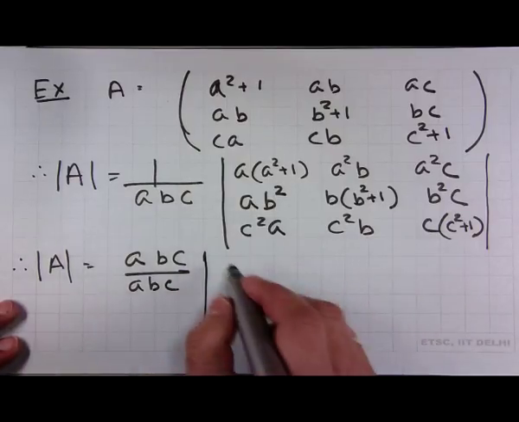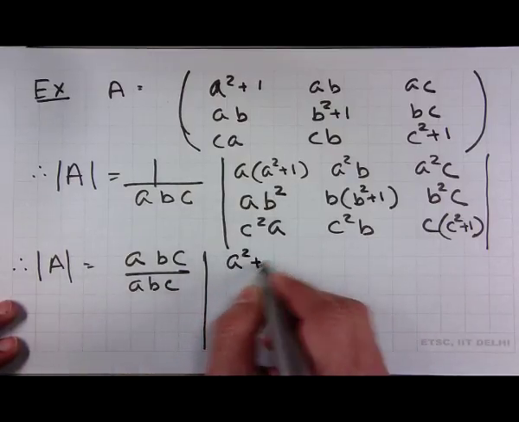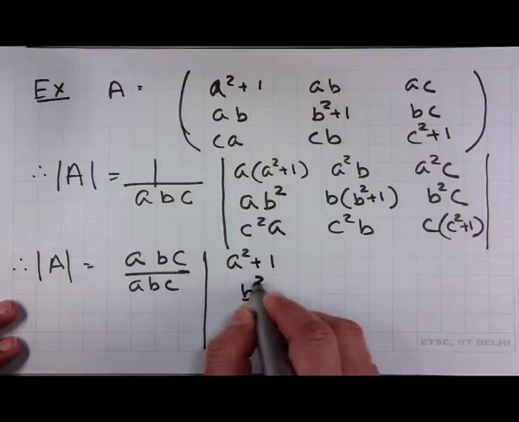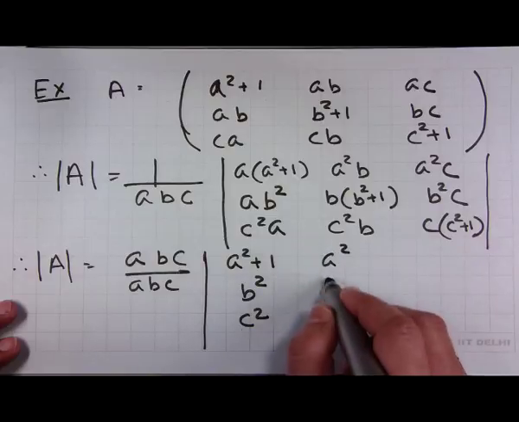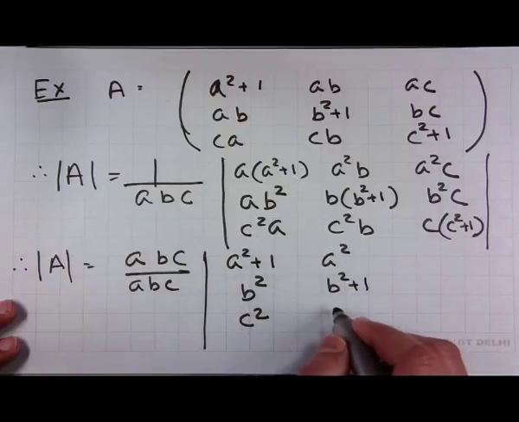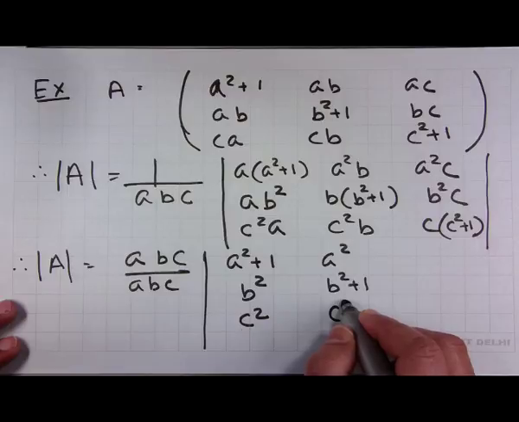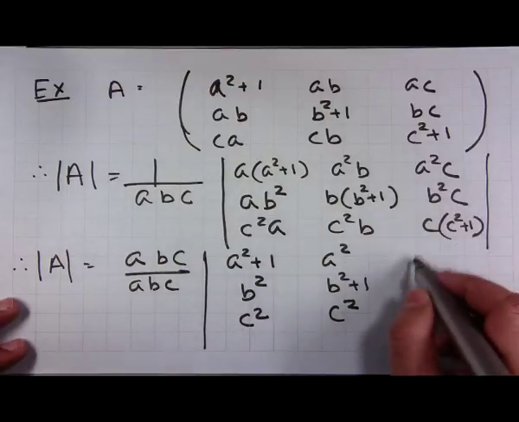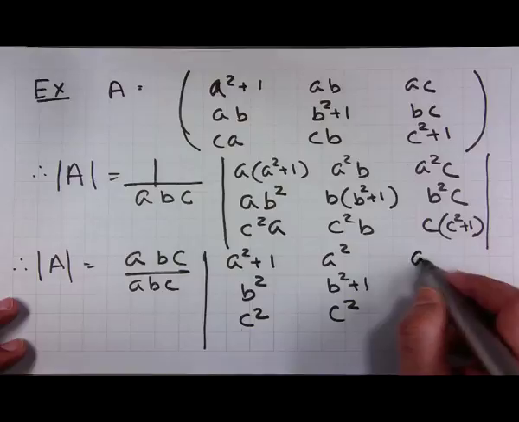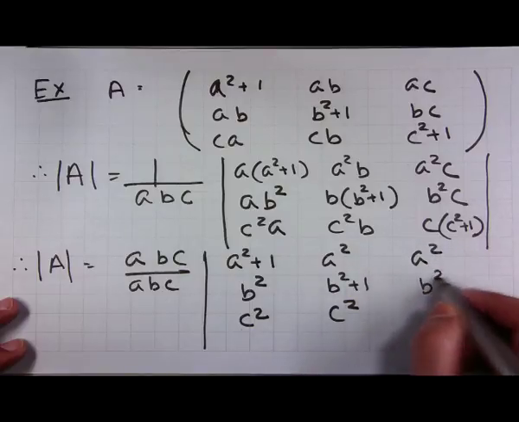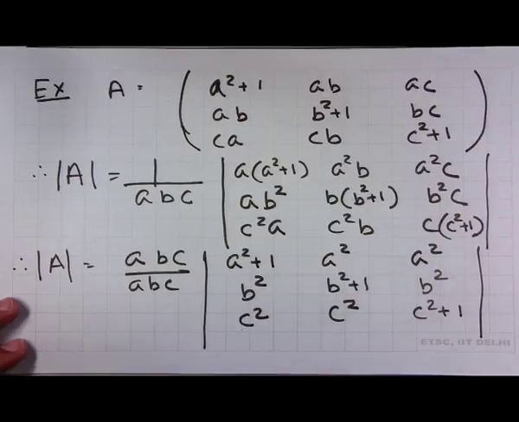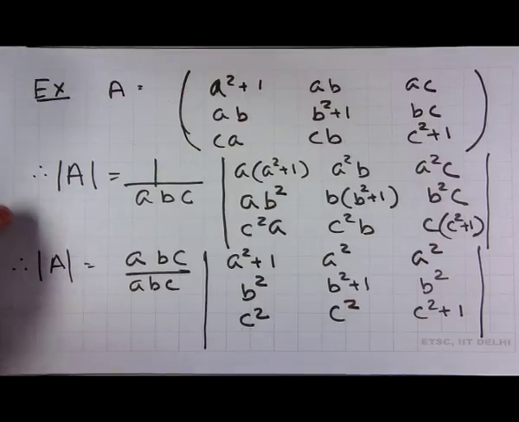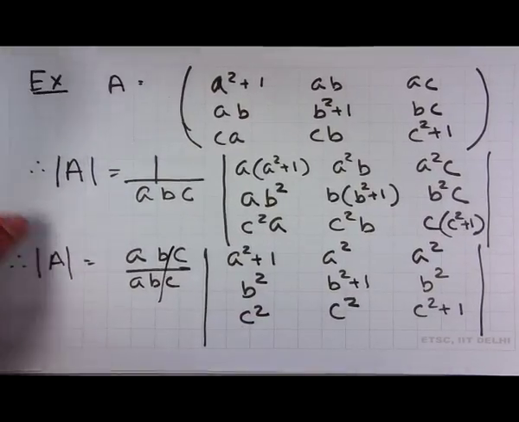Now, after taking a common out of the first column, we get this, b out of the second column, we get this, and c taken out of the third column, we get this. Thus we are in a slightly better position, because abc and abc get cancelled.